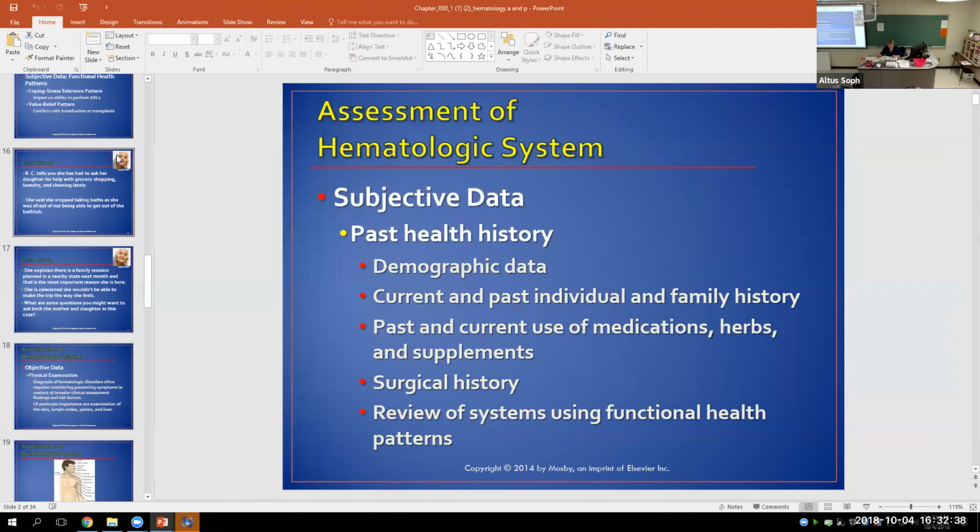There's a rule of thumb that if you take your hemoglobin and multiply it by 3, you should approximately have the number for your hematocrit. So if your hemoglobin is 10, then your hematocrit should be roughly 30%. Try that out as you go through your next series of clinicals and look at different patients and their H&H, their hemoglobin and hematocrit, and see if that holds true.